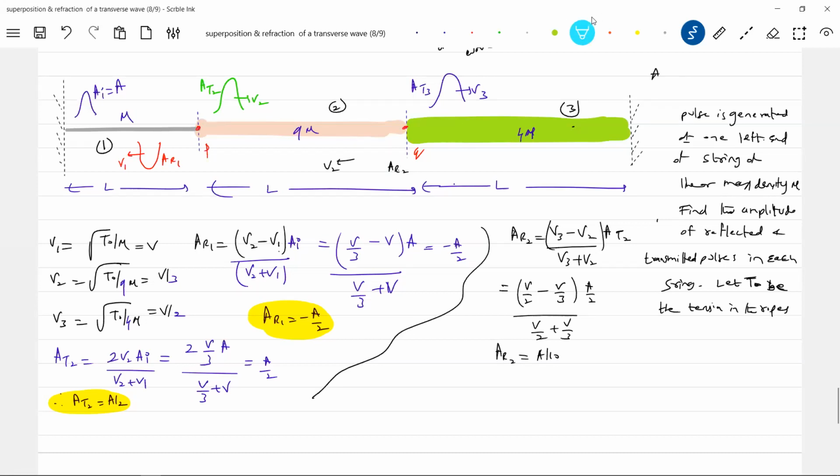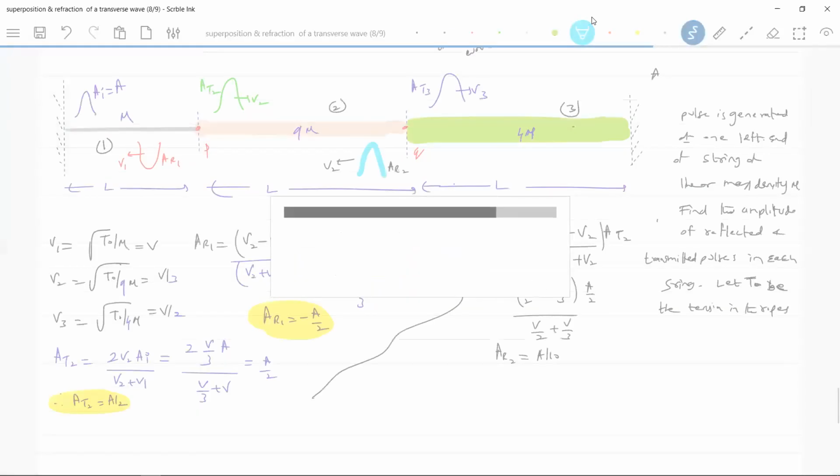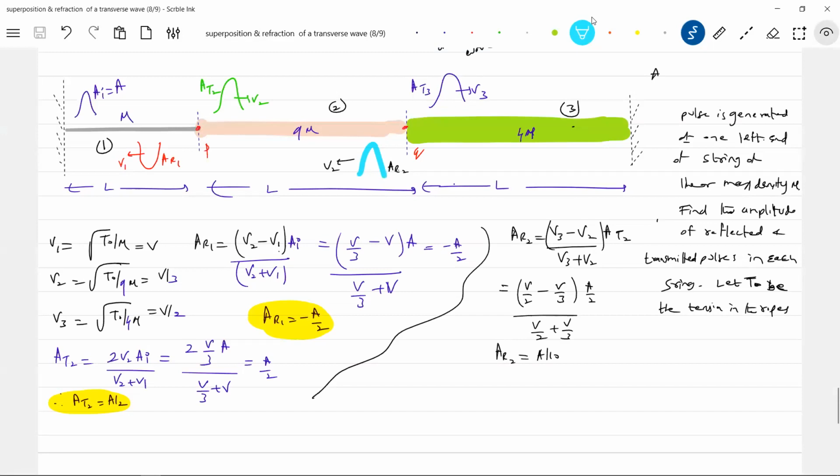Yes, I changed it. Okay, I got this one now, A by 10. So what do you mean by A by 10? It should be erect. Similarly, we'll go for AT3, which should be equal to 2V3 AT2 by V3 plus V2.